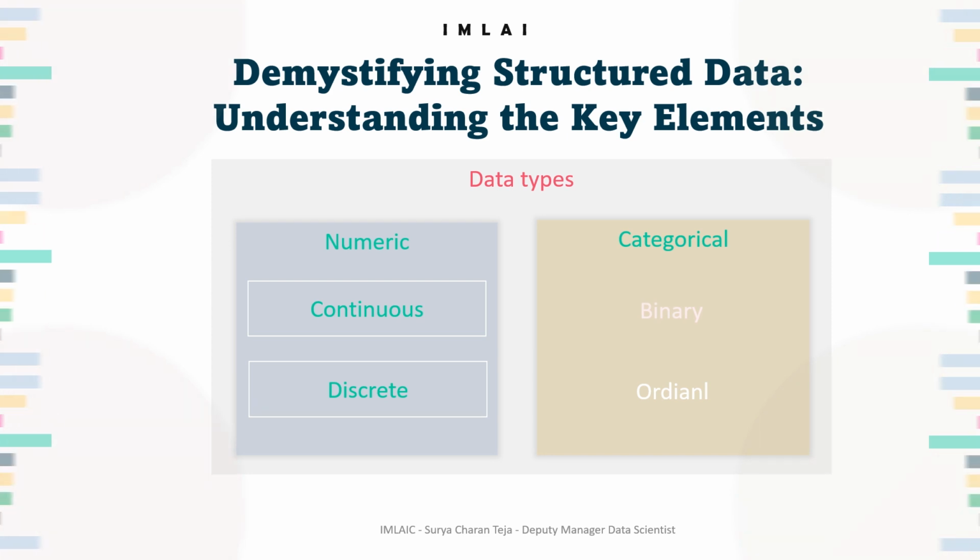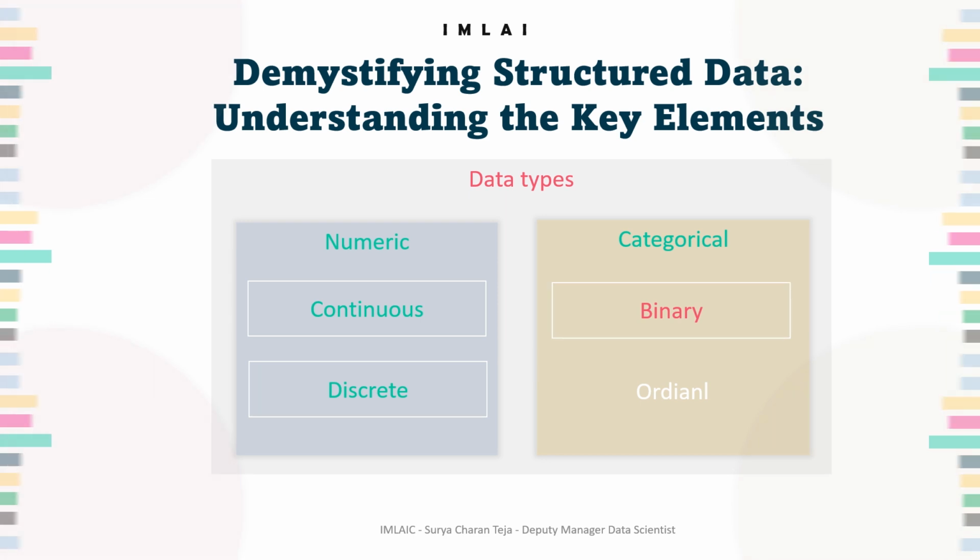The first one is binary data. Binary data is an important special case of categorical data that takes on only one of two values, such as 0 or 1, yes or no, true or false. So this is called a categorical variable. What is an example?